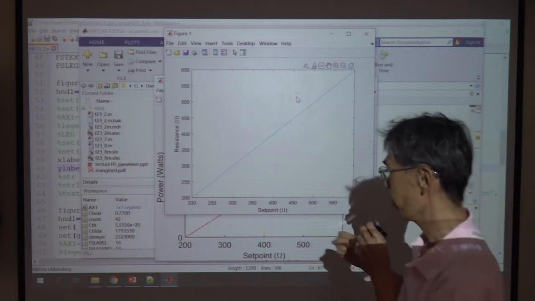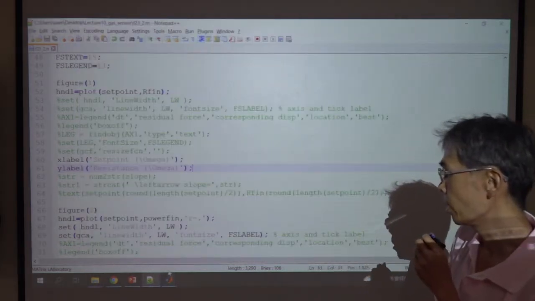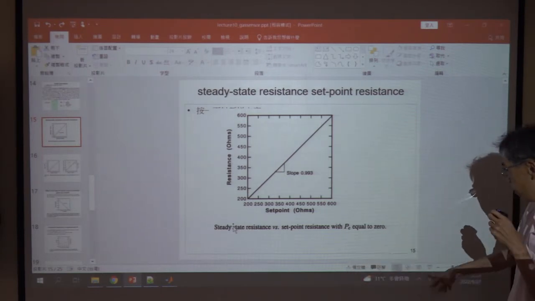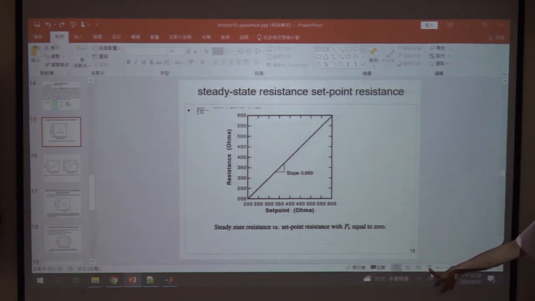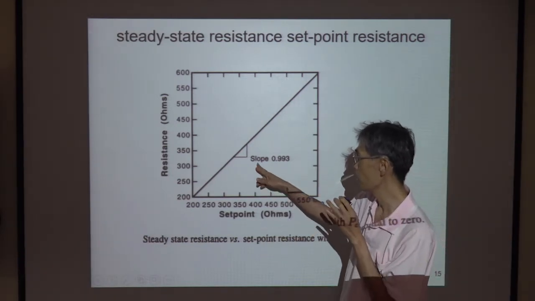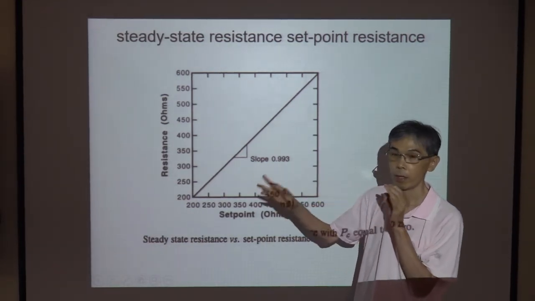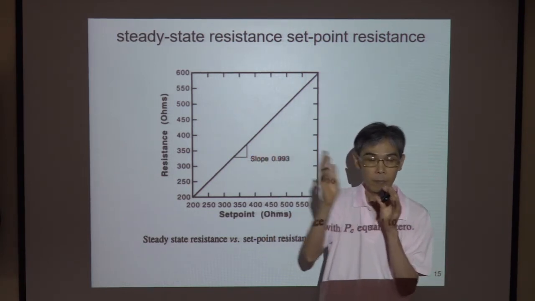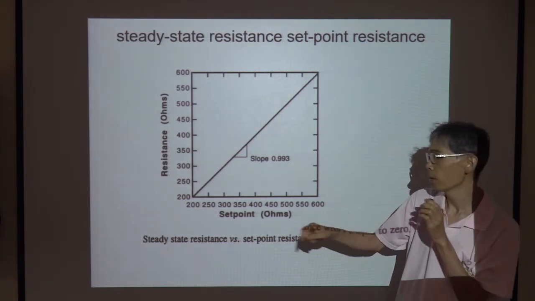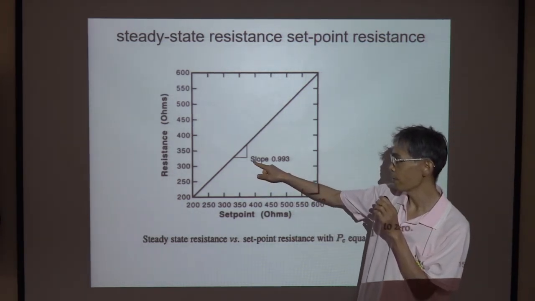Okay, so let's go back to PPT. Full view. See, our controller is pretty good. The slope, the perfect case, Frank. Our intention is the perfect value of the slope.